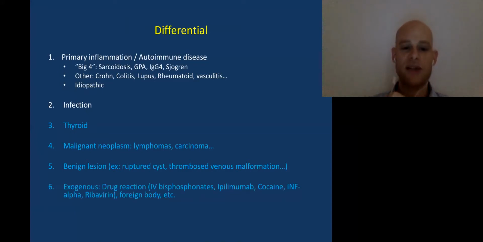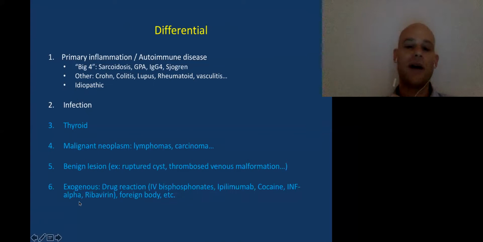When it comes to exogenous, it can look like anything, but I always ask my patients about recent drug use, recent drug administration, especially IV bisphosphonates, and I usually ask them about these series of different medications that I have listed here. And almost always it's somebody who comes in and just says, I'm on high blood pressure medication or cholesterol medication, and that's it.